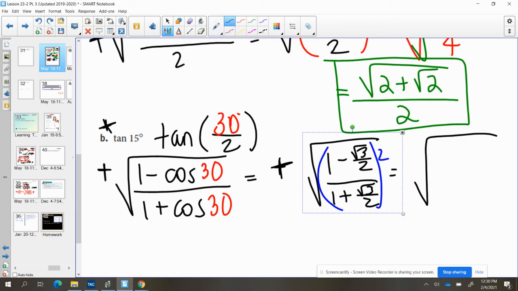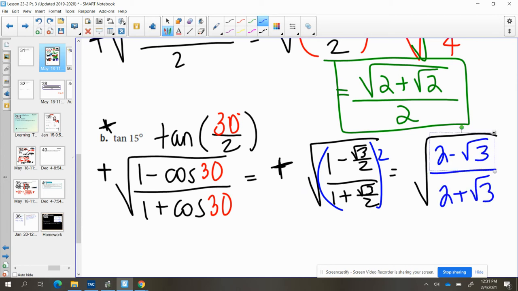And we end up with 2 minus the square root of 3 in the numerator, 2 plus the square root of 3 in the denominator. And honestly, this is as simplified as this one's going to get. They're not going to make you do any other crazy rationalizing, which is really nice. You can leave your answer like this, and we'll just leave it as so, okay?